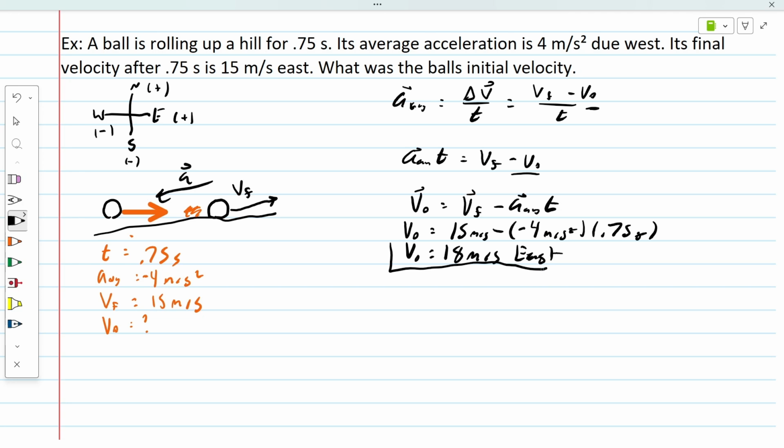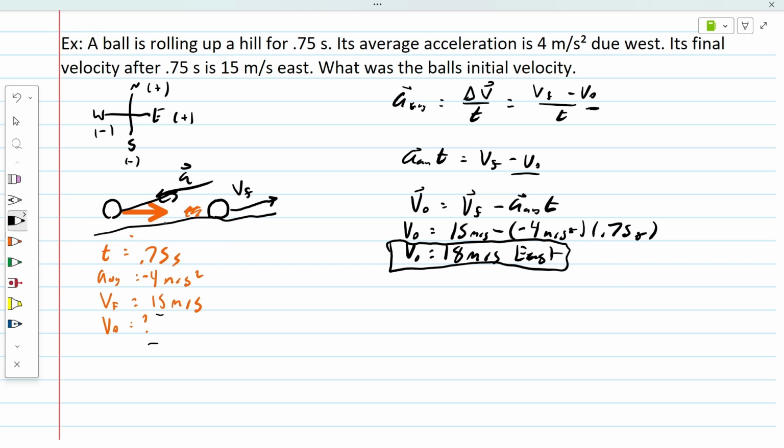And yeah, that'll be the final answer. Alright, cool. So now we know what the initial velocity was. The initial velocity was 18, and notice here that it starts off at 18 and ends at 15, which means the acceleration must be in the opposite direction because it's slowing the ball down.